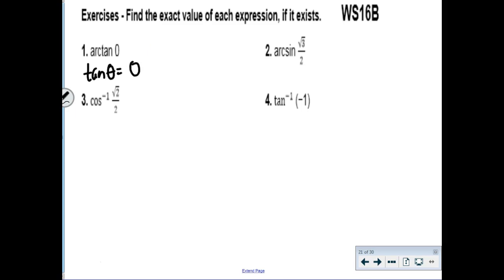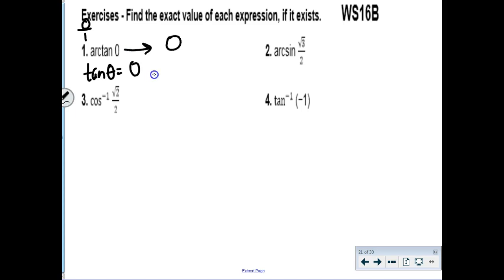No, okay. Someone remind me, how do we find tangent? Sine over cosine. So you're looking for the one that would produce a 0 over 1 situation for sine over cosine. Who do you have? At pi over 2? I don't think so, because what's pi over 2's ordered pair? It's 0, yeah.